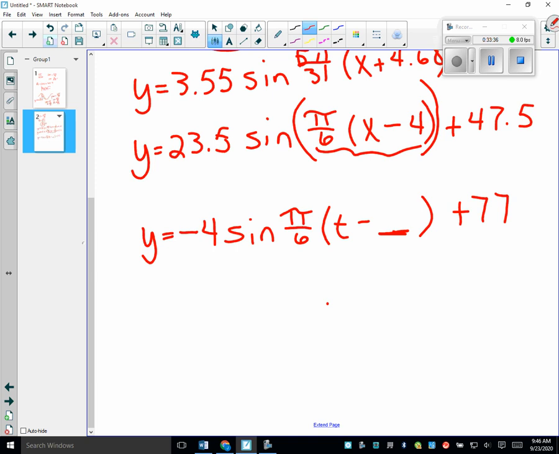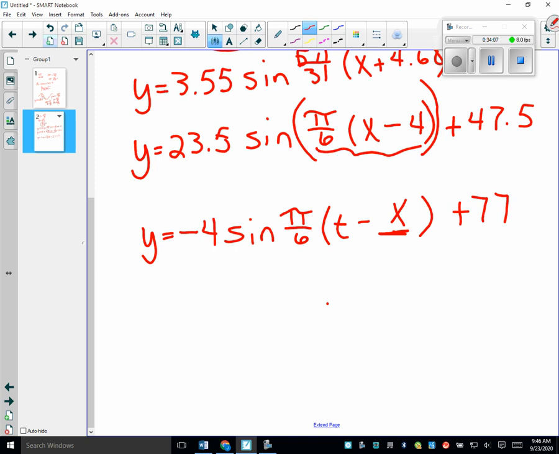Everybody okay with that? Now, in order to find this right here that I'm missing, I'm going to call it X. I have to plug in a T and a Y. So I have to pick a T and a Y, a month and an amount.